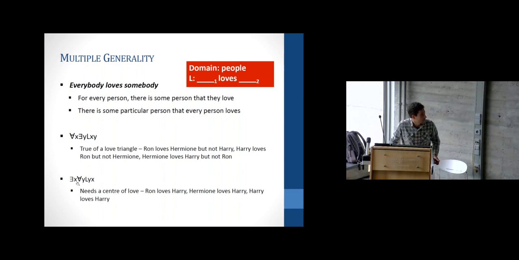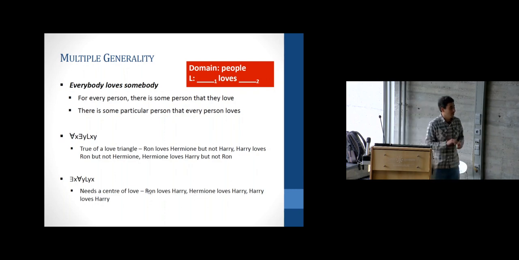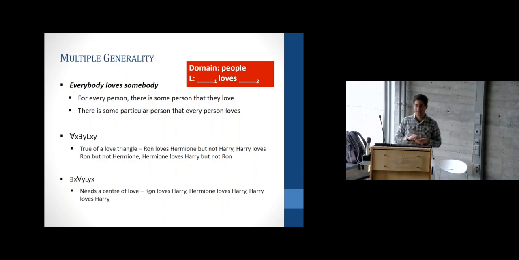There is someone such that all other people love that someone. Okay? In order for this to work, everybody needs to love one particular thing or character, including that character himself. Harry has to love Harry in order for this sentence to work. Okay?